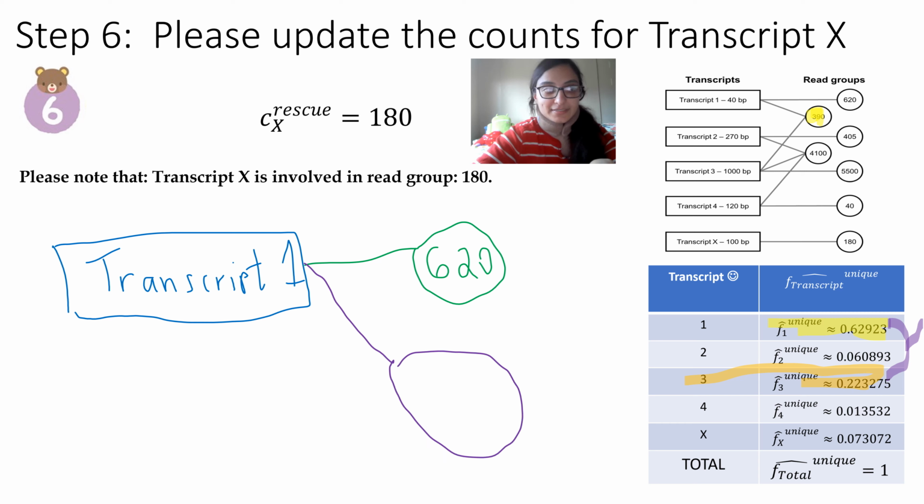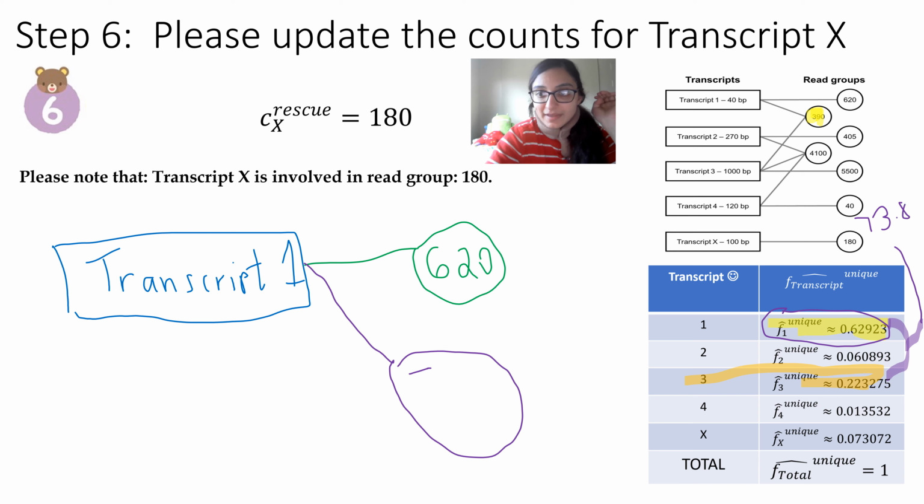What this will tell us is that out of the 390, we're just going to end up getting 73.38% of that. So when we take this relative value, for F1 unique, that weightage becomes 73.8%.